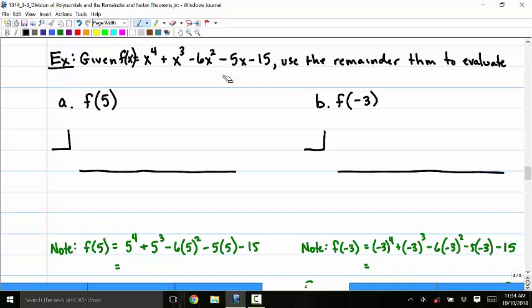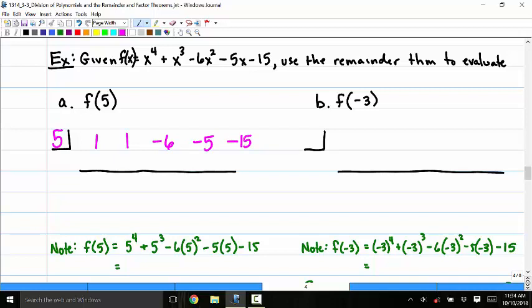You can plug 5 into your polynomial, 5 to the 4th plus 5 cubed, on and on. Or you can do synthetic division real quick. Meaning, what number is going to go here? 5. What coefficients are going to go across? 1, 1, negative 6, negative 5, negative 15.